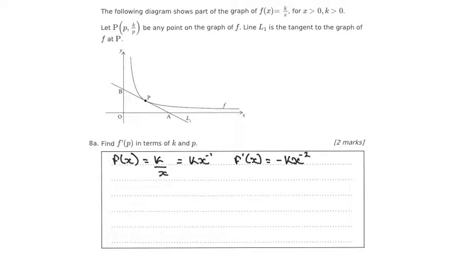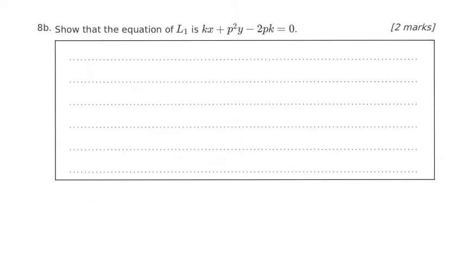Bring the power back down to the bottom, we get f dash of x is equal to minus k over x squared. Therefore, f dash p is equal to minus k over p squared.